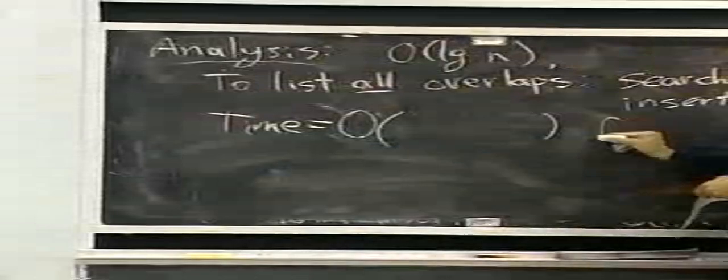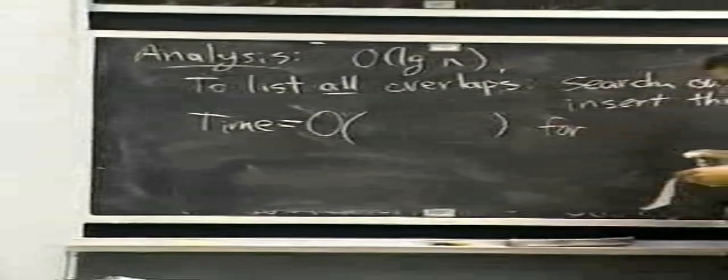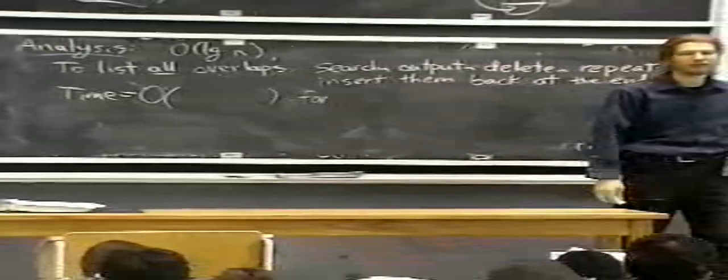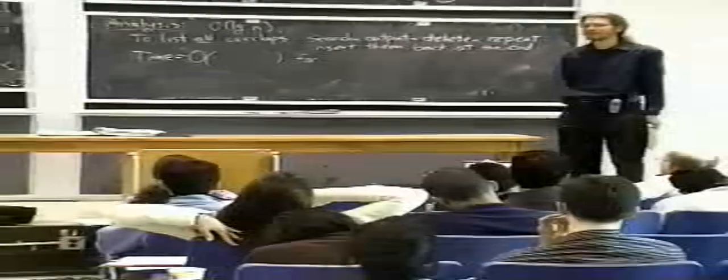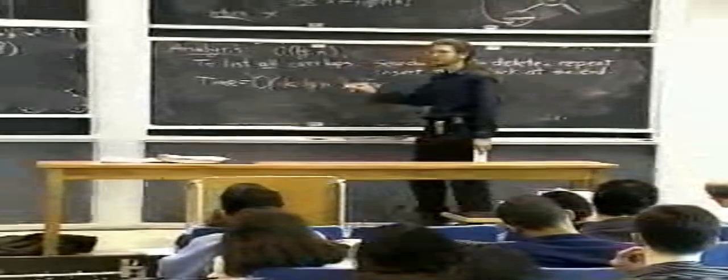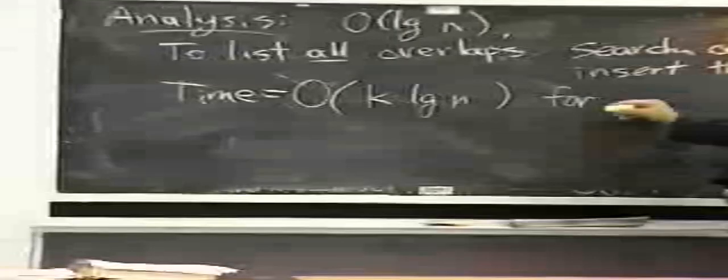Let's suppose, what's the worst case of this algorithm? All of them are there. So that's going to take like n log n or something. That's no good. But if there are only k answers, this will take k log n time, right?